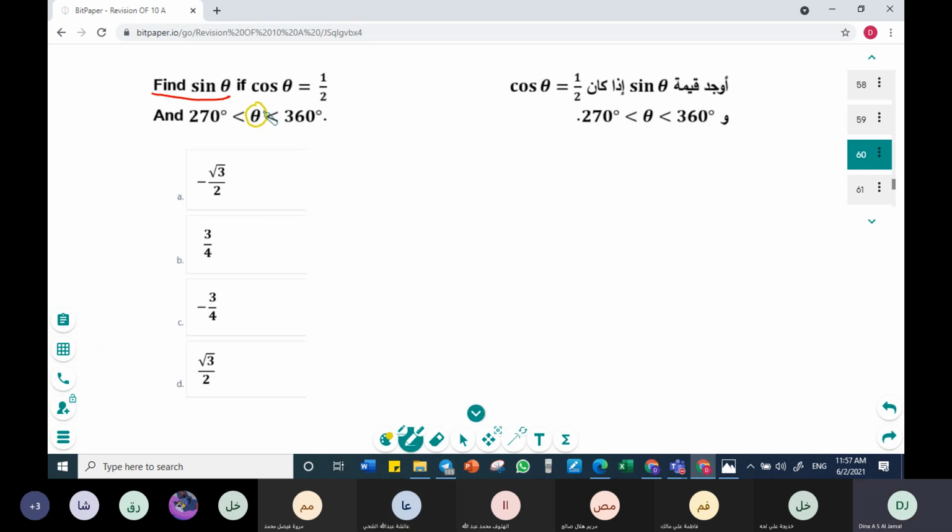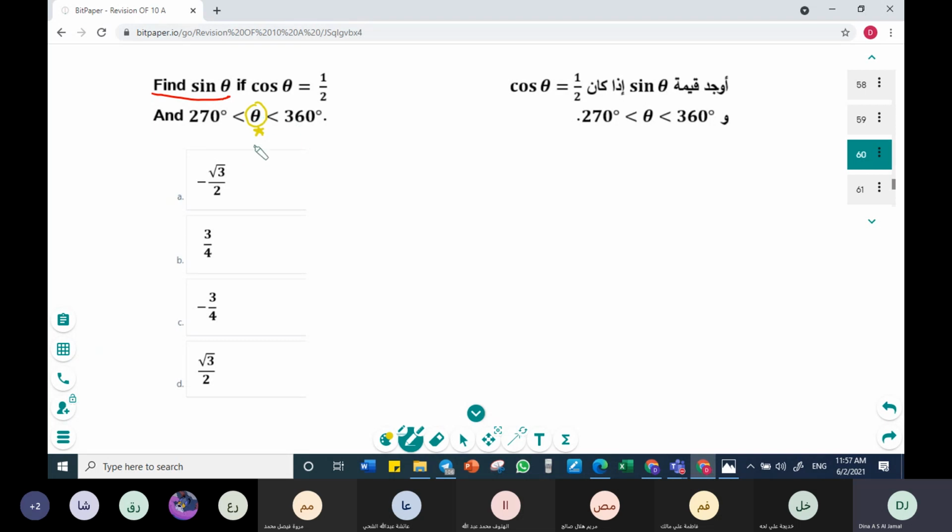Who agrees with Aisha? Is it the right way to read it? Always start from the variable, Aisha. Theta is bigger than 270 and smaller than 360. Excellent. So this is the right way to read it: theta is bigger than 270 and less than 360.